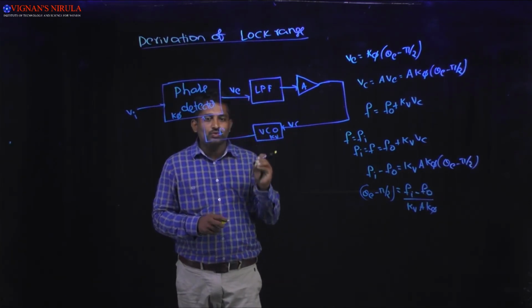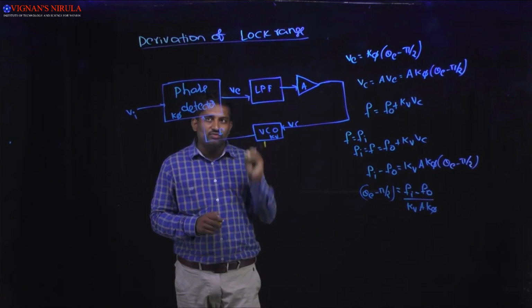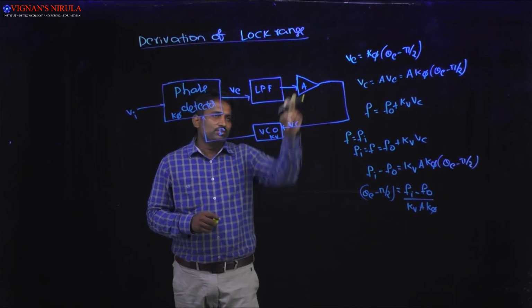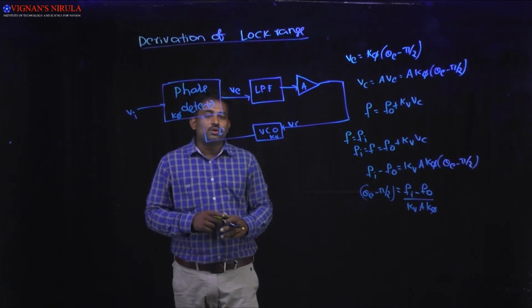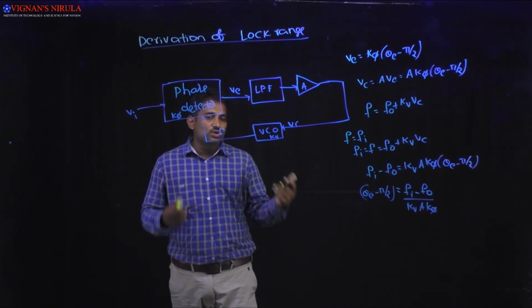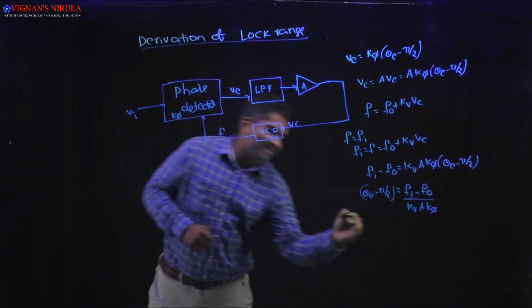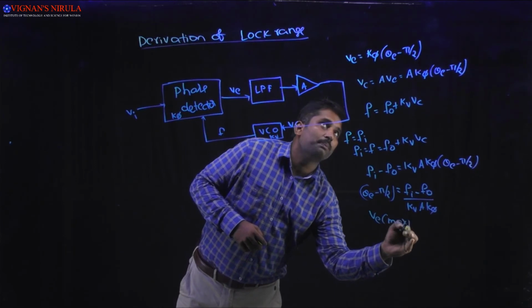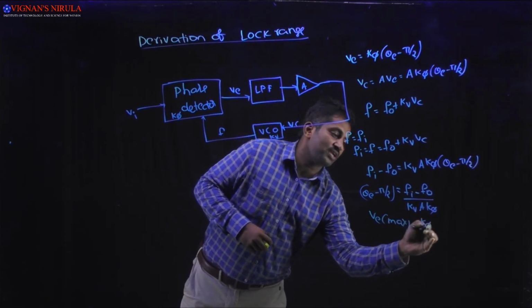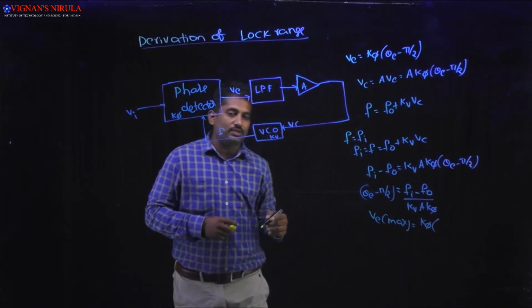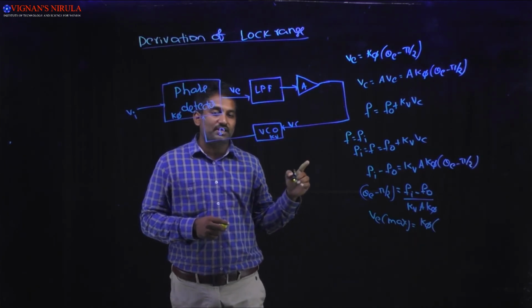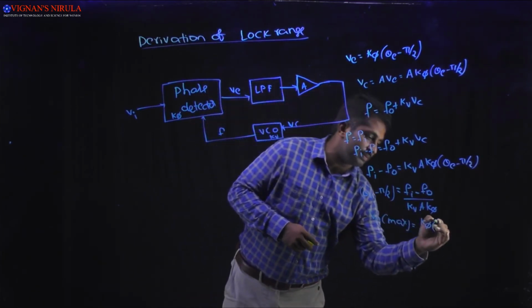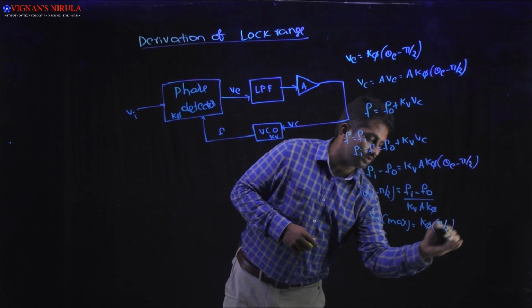The maximum output voltage magnitude of the phase detector is generated when theta e is equal to plus or minus pi or 0 degrees. So Ve max will be represented as K phi into (pi minus pi by 2), which is equal to pi by 2, so K phi into pi by 2.